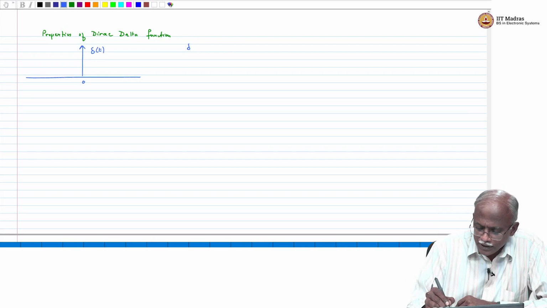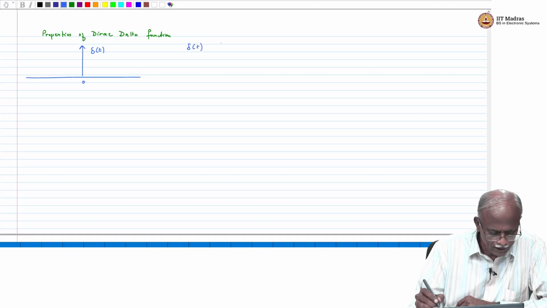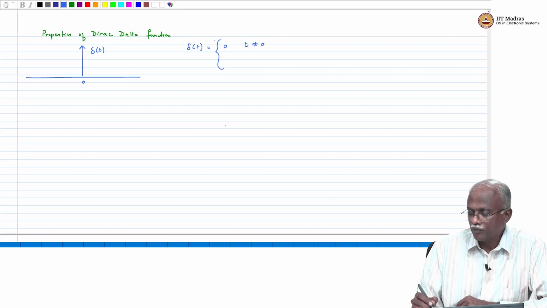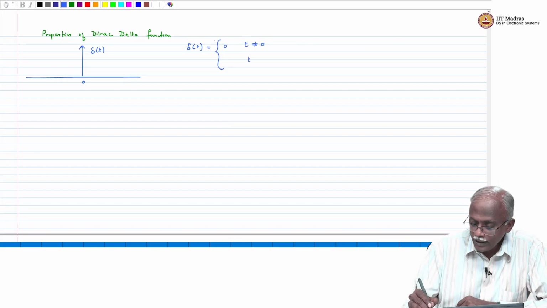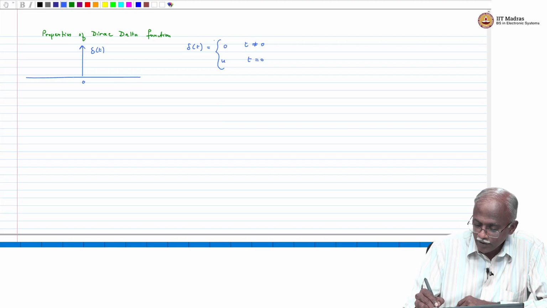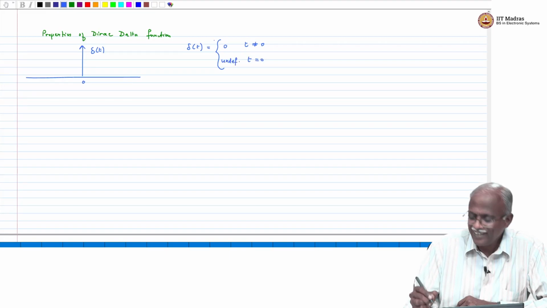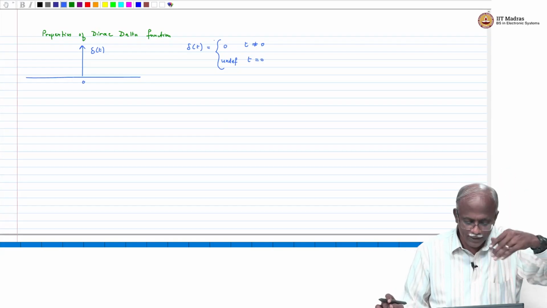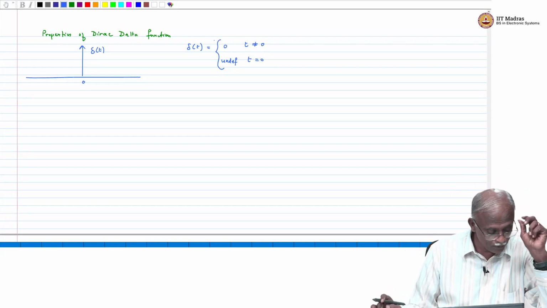So the definition of delta of t is that it is equal to 0 everywhere where t is not equal to 0, and at t equal to 0 it is undefined. Interesting function, right? Basically it's going to infinity. Unless you scale it, it will go to infinity.